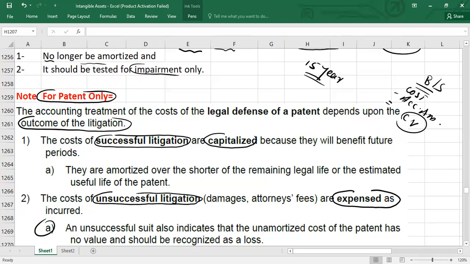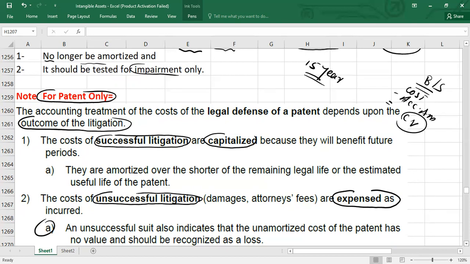If you are unsuccessful, the cost of patent has no value and should be recognized as a loss immediately, which you will take to the income statement, because now this patent no longer exists, since you were not successful in defending it. So simply you will debit the loss and credit the patent with the carrying value. I hope it is clear, guys. So this is the accounting for patents.